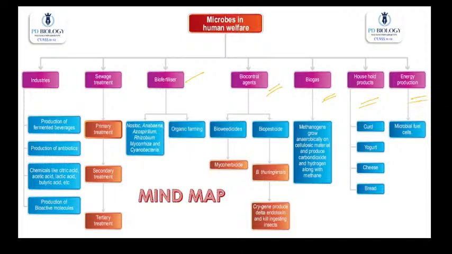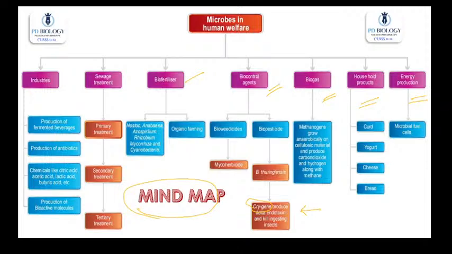So remember this one. And Bacillus thuringiensis, the cry gene, all these are there ready for your mind map after the completion of this chapter.